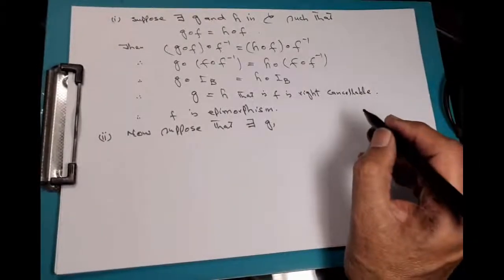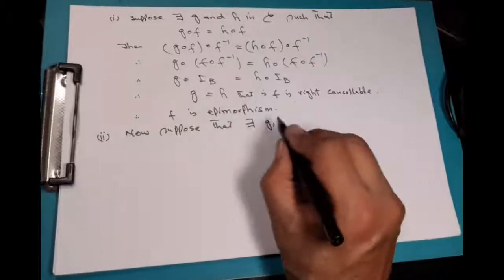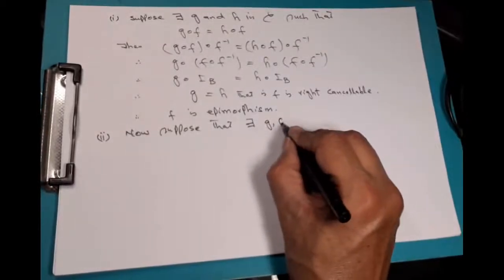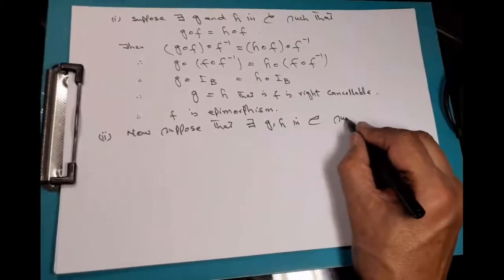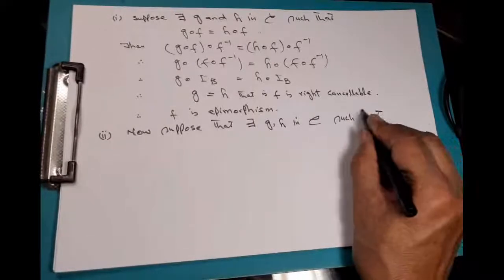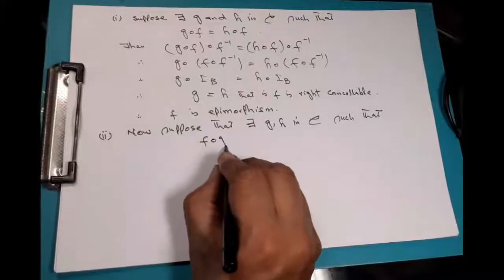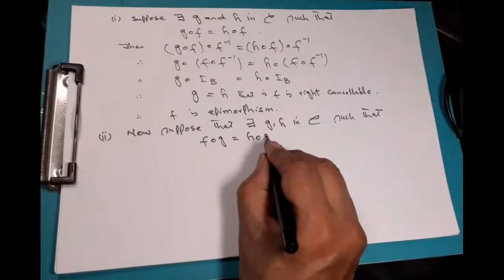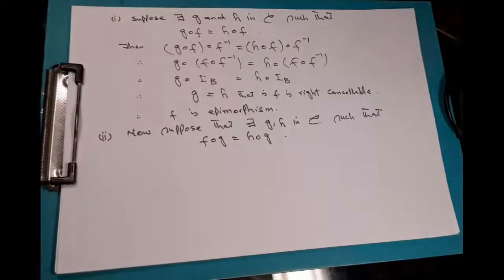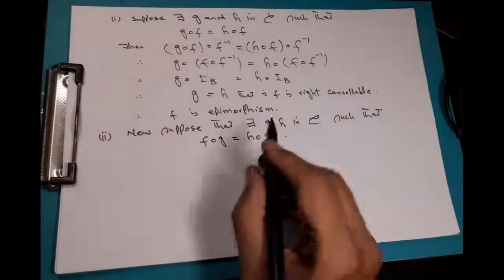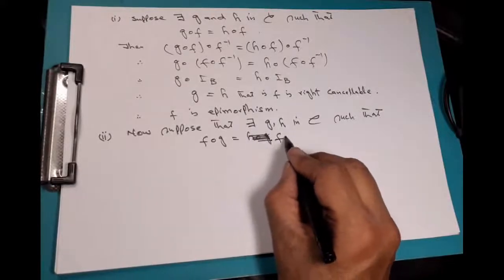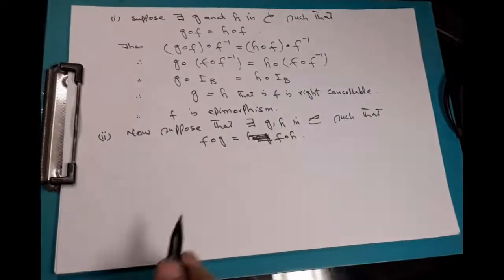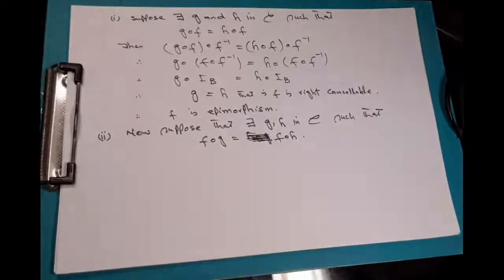So suppose that there exist morphisms G and H in C such that F circle G is equal to F circle H. You can check it by drawing the diagram.